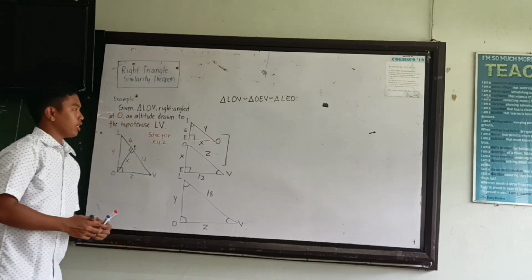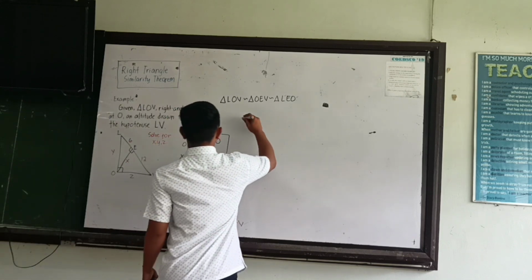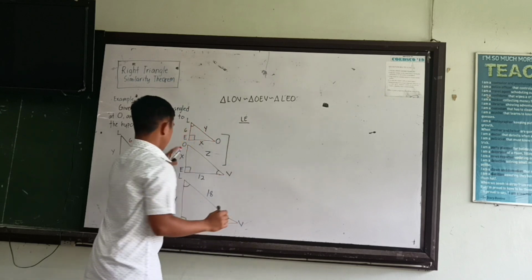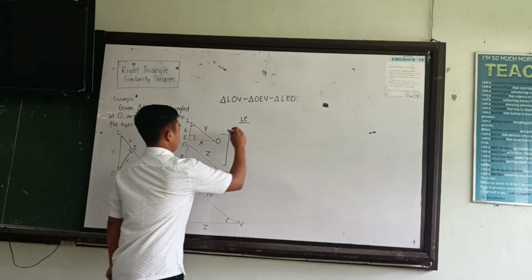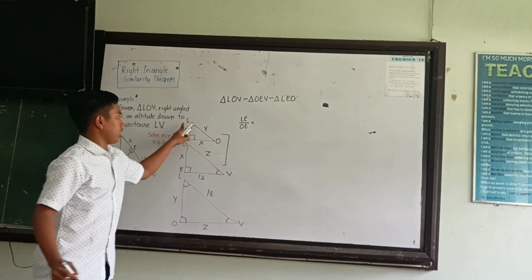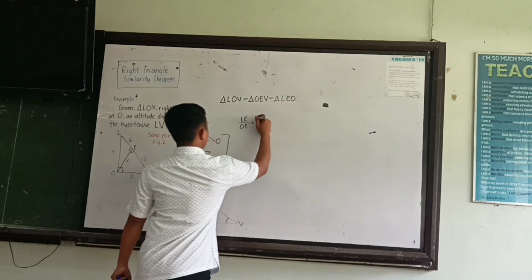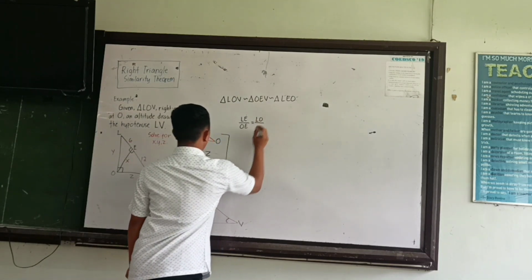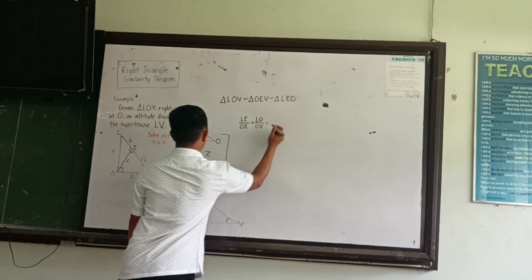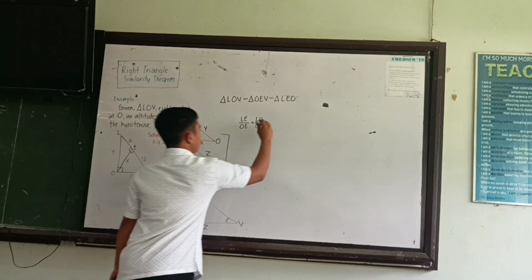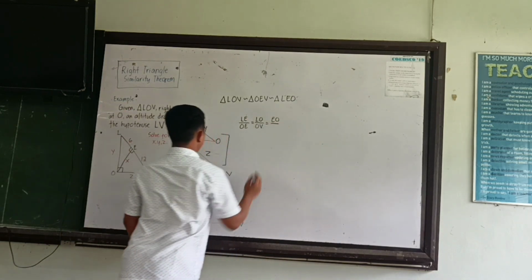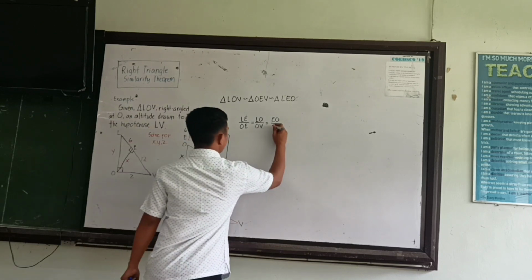Now, the proportionality statement: LE over OE, or EO, is equal to the hypotenuse LO over OV. It is also equal to the leg EO over EV.